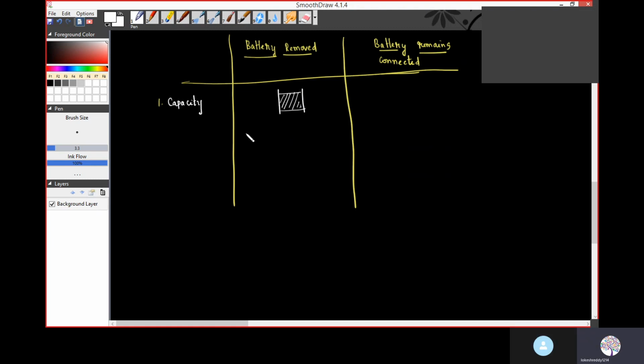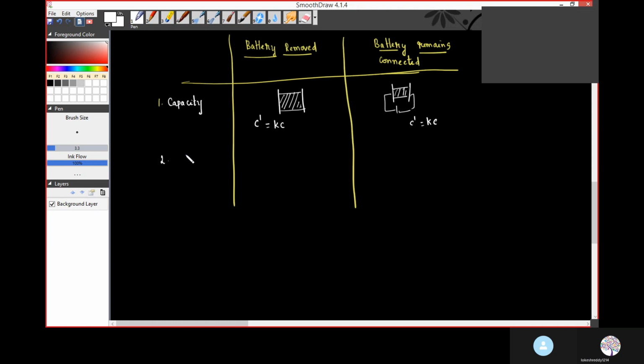What happens to the capacity? We already discussed: the capacitance increases K times. Here also, I place the dielectric and the battery remains connected. Now here also, the capacitance is equal to K C.